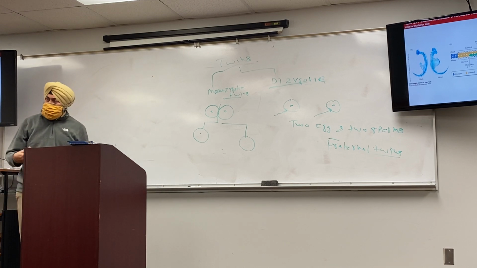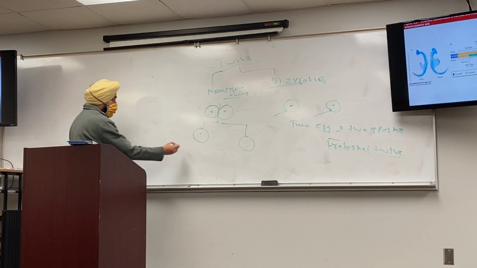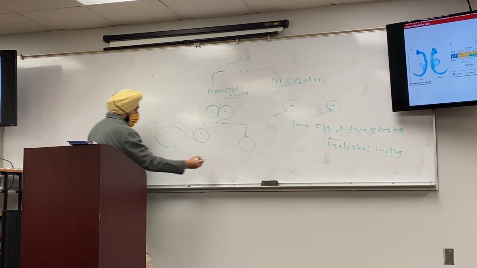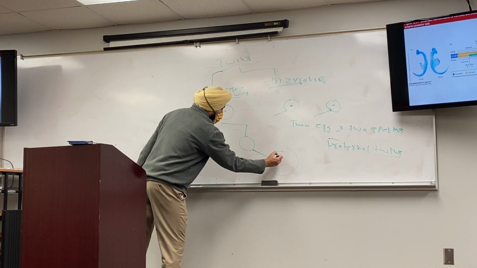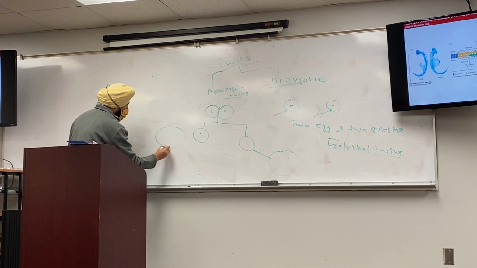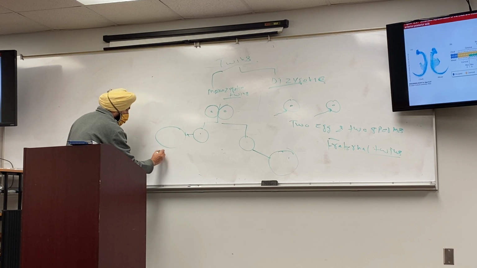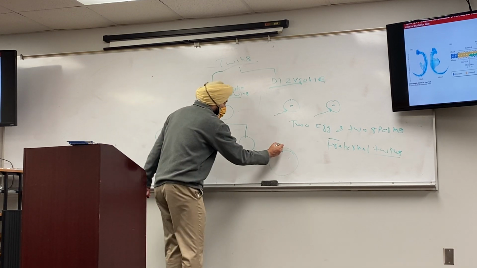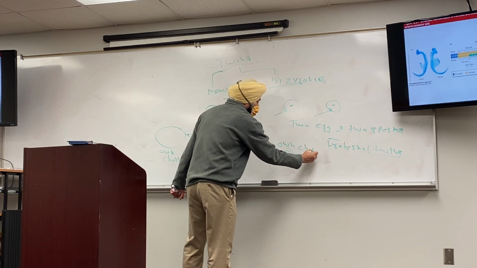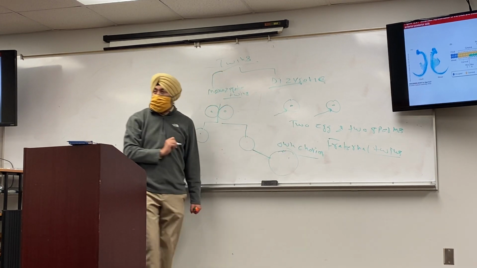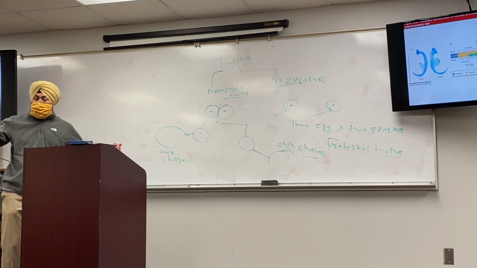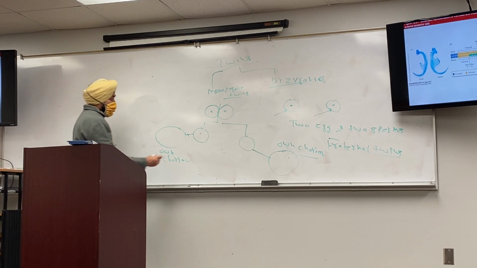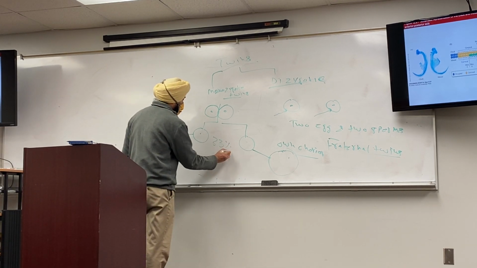If they separate very early, what is going to happen? They will have their own chorion, right? Because they're separating separately. So 30%, 33% of the monozygotic twins are like this.